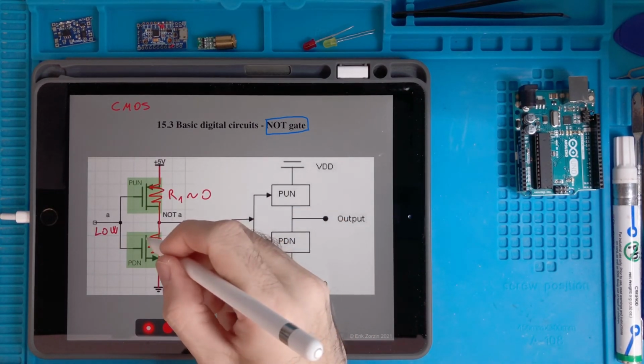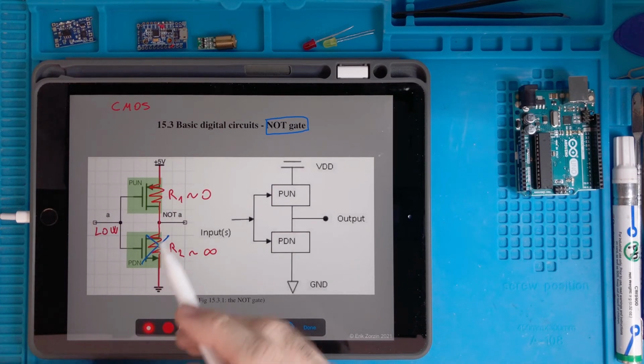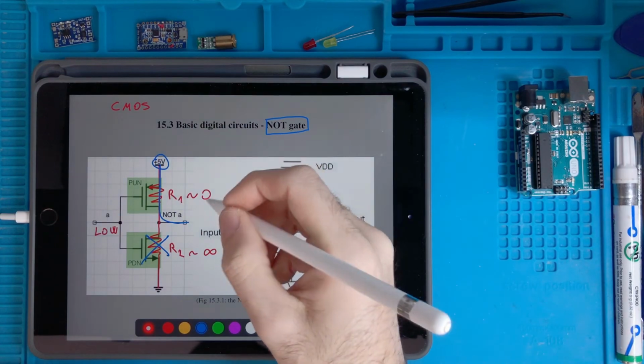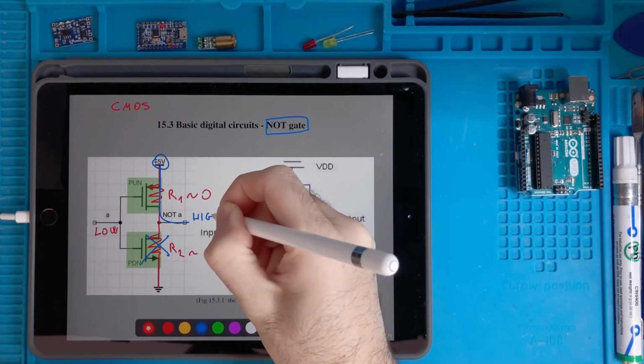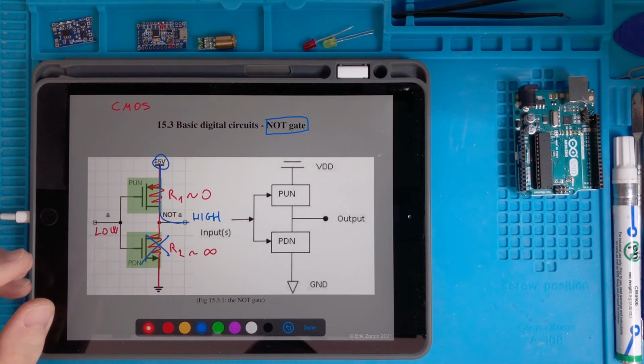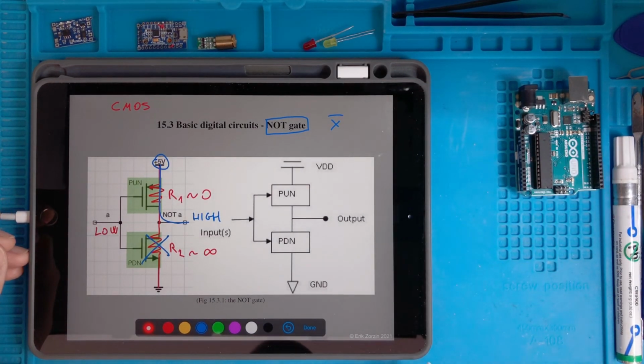So this one would be the open circuit, so it's as if it's not present, and this one would be a short circuit, but this time to VCC, so the output would be high. So high input, low output, low input, high output. This is exactly the NOT gate. So this circuit is implementing the NOT of our variable.